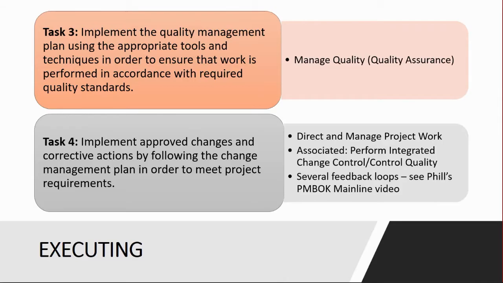So task 4 needs you to dive into the perform integrated change control process, understand that there is a feedback loop from there known as approved change requests. Now those approved change requests are going to be a feedback loop into direct and managed project work.